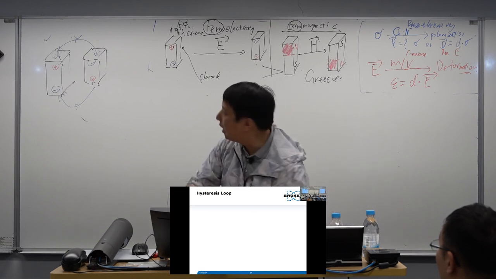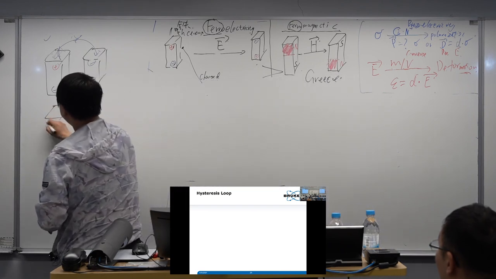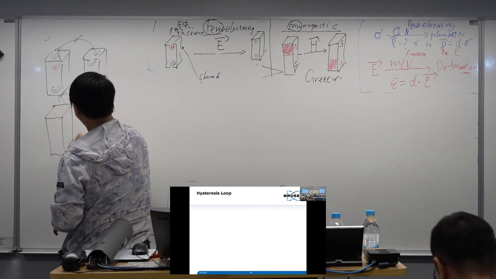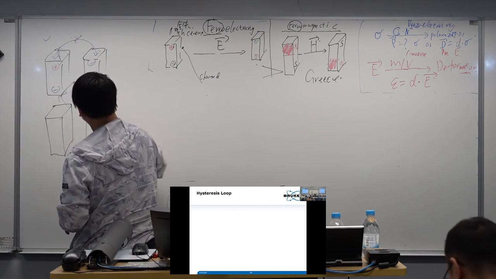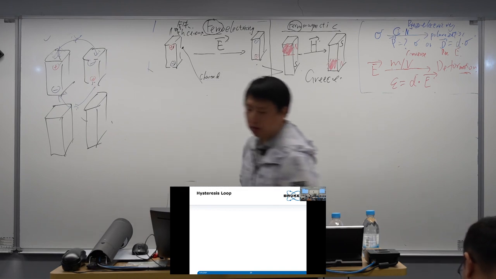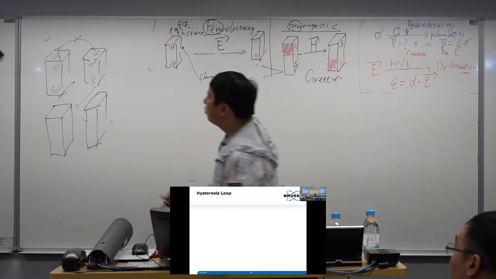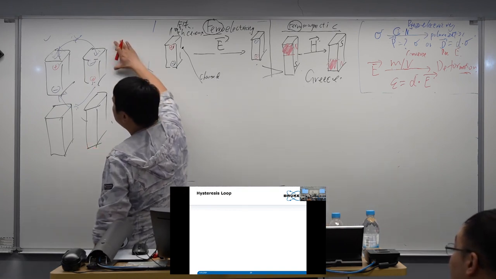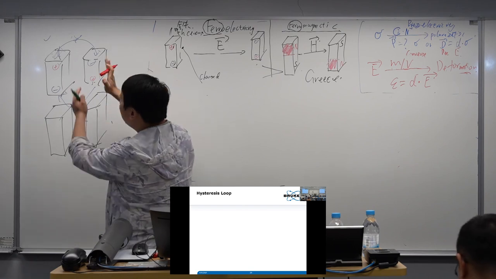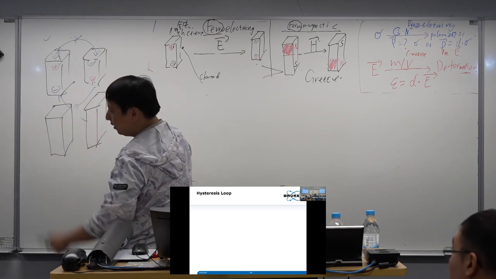Next, I have another two. How do these two get close to these two? They will not form in the same direction, right?